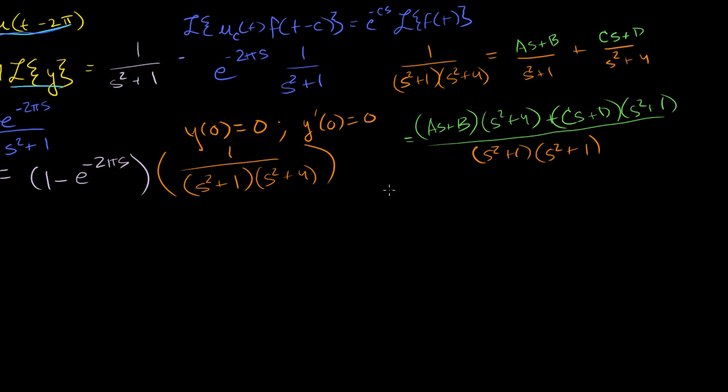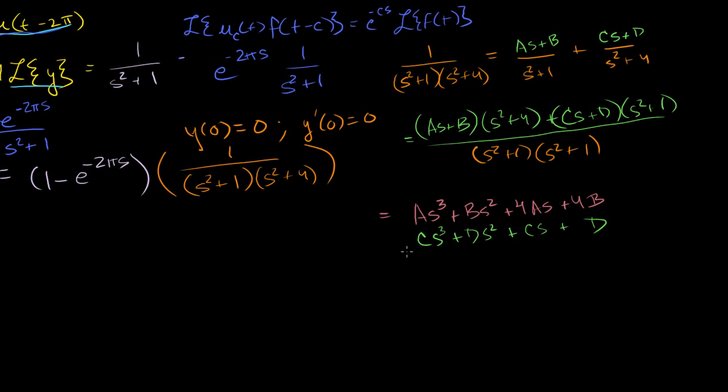So this top can be simplified to as to the third, plus bs squared, plus 4as, plus 4b, and then this one, you end up with cs to the third, plus ds squared, plus cs, plus d.